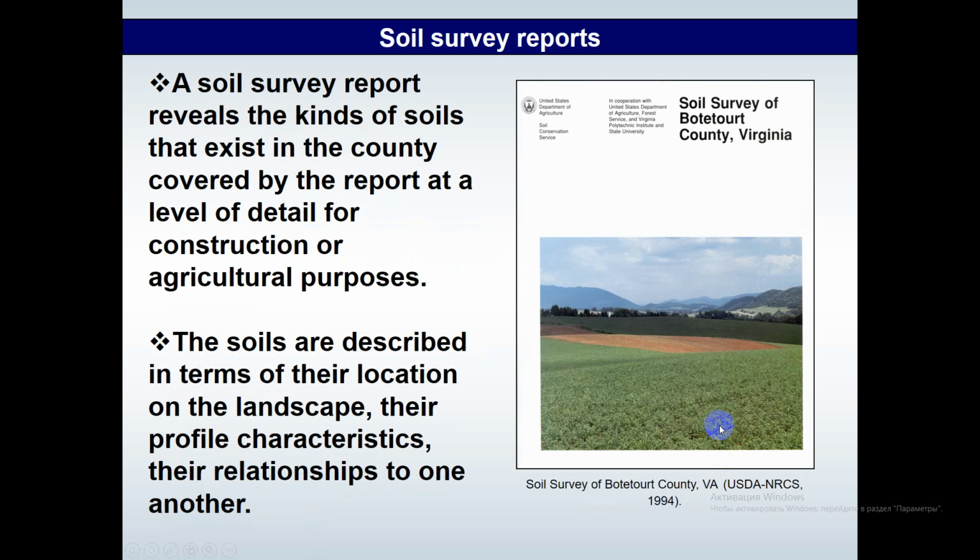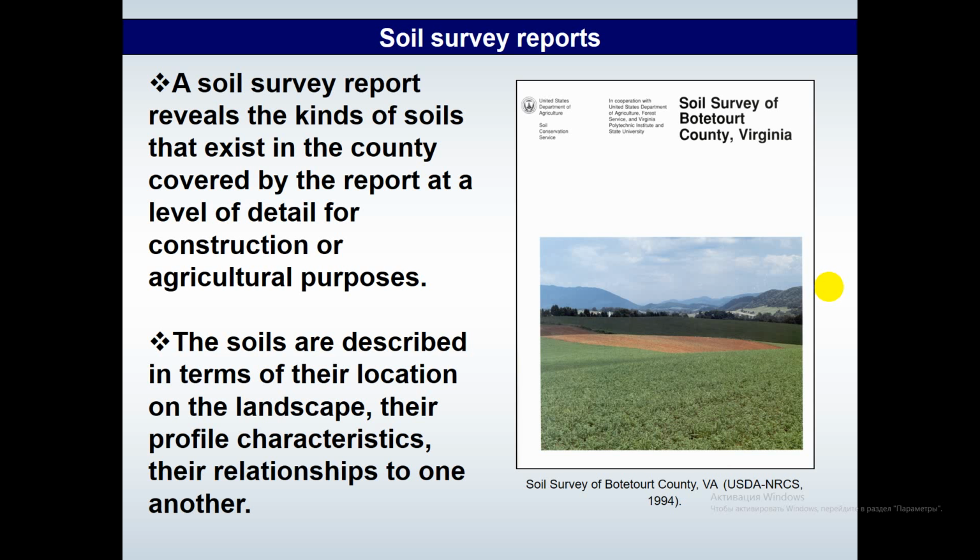Soil survey reports. A soil survey report reveals the kinds of soils that exist in the country covered by the report at a level of detail for construction or agricultural purposes.